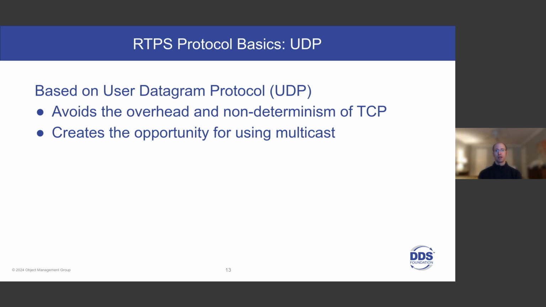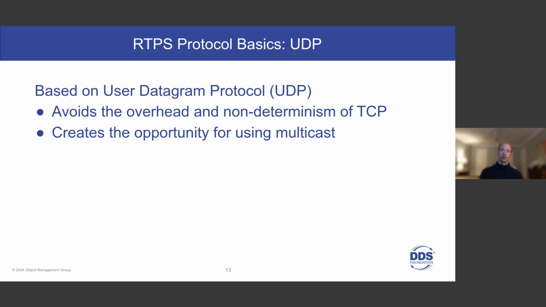TCP does have overhead in terms of connection establishment, and then obviously the ACKs and the sliding windows and all of that stuff in terms of how that's managed. That creates non-determinism in the data stream, which real-time applications are sensitive to. So to avoid that, they chose to go with UDP and sidestep a lot of that complexity.